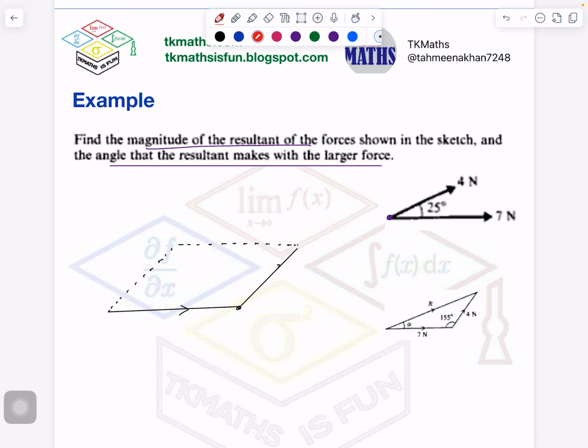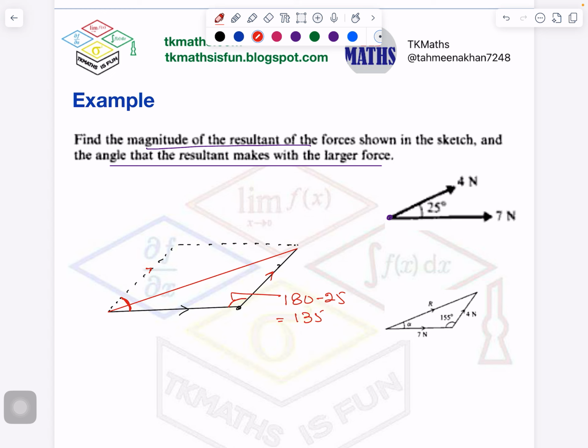So the resultant force will be this one. If this whole angle is 25 degrees, right, then what will this angle be? Very good, you can easily find this angle, 180 minus 25. So what is it? 135.